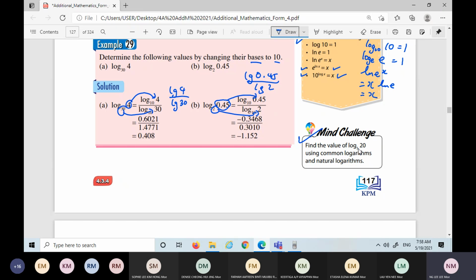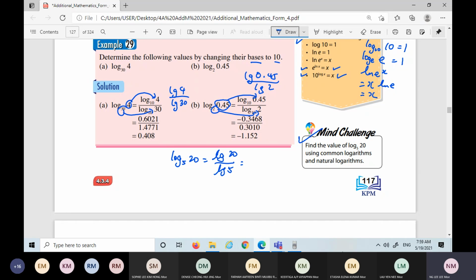It should have the same answer, even though you are using different logarithms. First of all, if I use base 10, common logarithm, it will be lg 20 over lg 5.